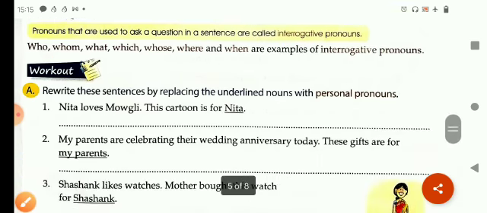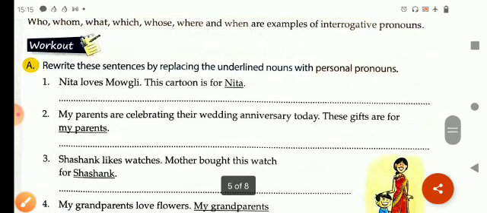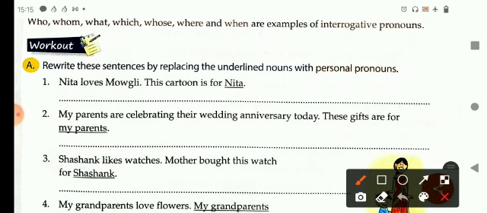Now it's time for doing some exercises. Let's do one or two. Exercise A: here you have to rewrite the sentences by replacing the underlined nouns with personal pronouns. The first one: Neeta loves Mowgli. This cartoon is for Neeta. Here we have to replace Neeta with a personal pronoun. This cartoon is for her.